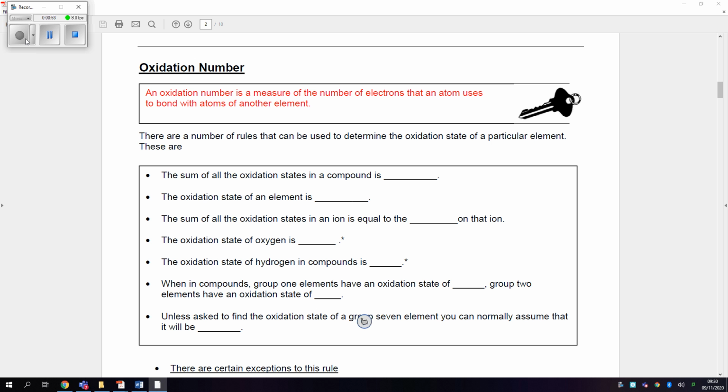So if I think about a formula such as Na or P4 or S8 or O2, it doesn't matter how many atoms are present in the formula. If there's only one type of atom, then clearly that atom is not using electrons to bond to another element. So we'll have an oxidation number of 0.